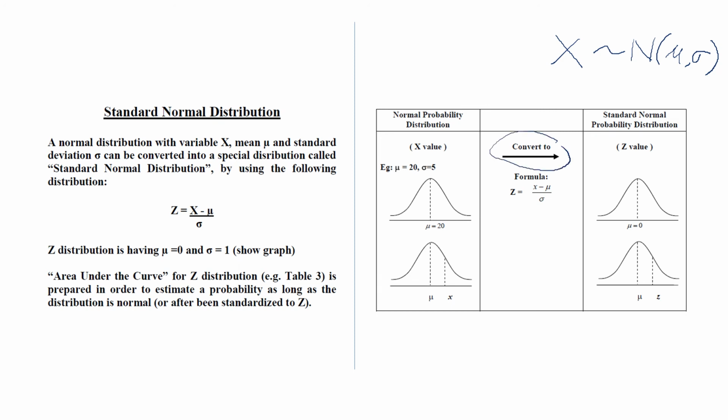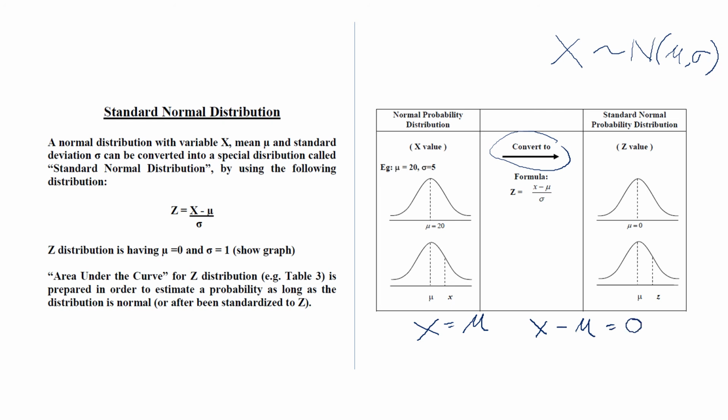The random variable X has a mean of mu. So if we subtract mu from X, then this quantity is going to have a mean of 0.